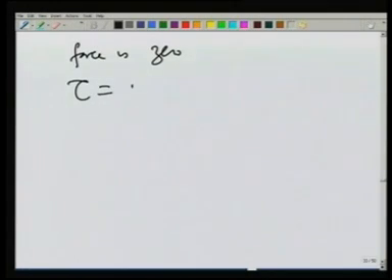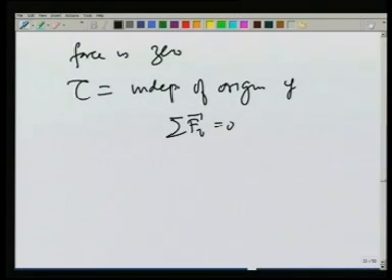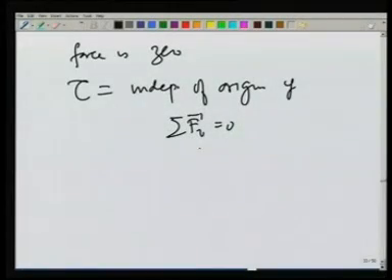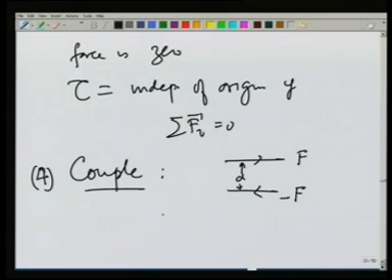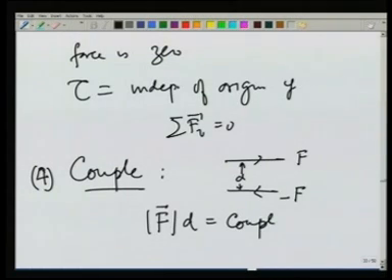Tau is independent of origin if summation F I is equal to 0, and then we looked at a very particular special kind of torque under these circumstances called a couple, which is two equal and opposite forces separated by a parallel distance d. In this case, the force magnitude times d is the couple moment, and the direction you can find by right hand rule or the cross product rule yourself.